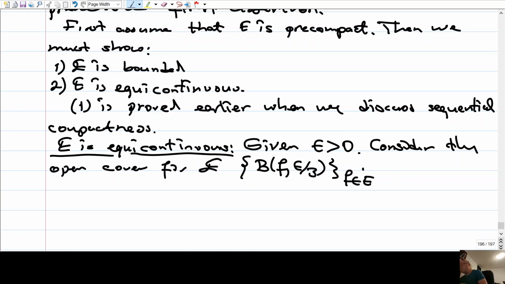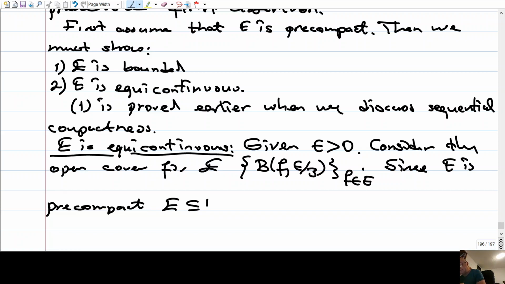But since E is pre-compact, finitely many of these balls cover E, right?